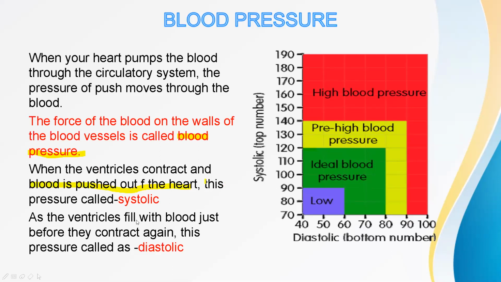So this pressure we call systolic pressure. Once the heart pumps the blood, the blood forcefully enters the arteries, and the artery walls take on the pressure. This kind of pressure we call systolic pressure.